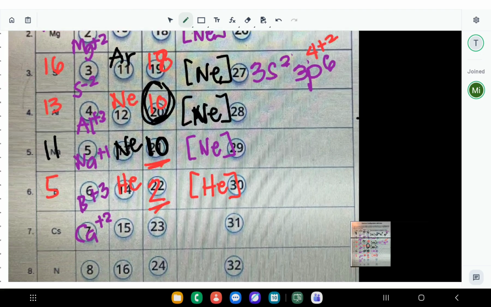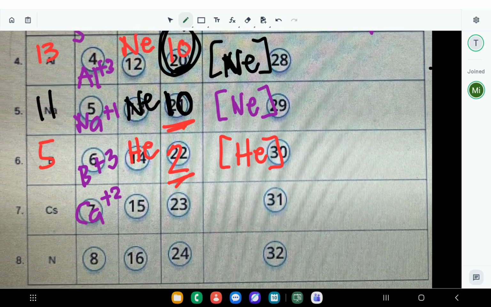Then for calcium, how many electrons does calcium have? Okay, 20. That's the original number of electrons. And then the charge is plus 2, so that means it loses electrons. So minus 2, the number of electrons is 18. So what noble gas has 18 electrons? Argon.